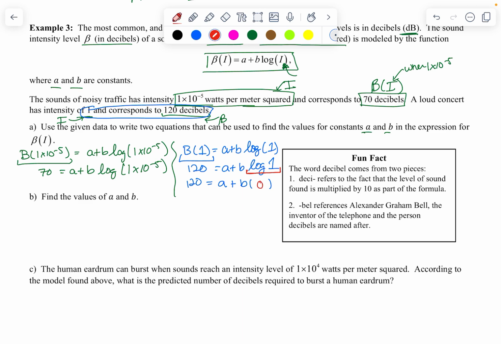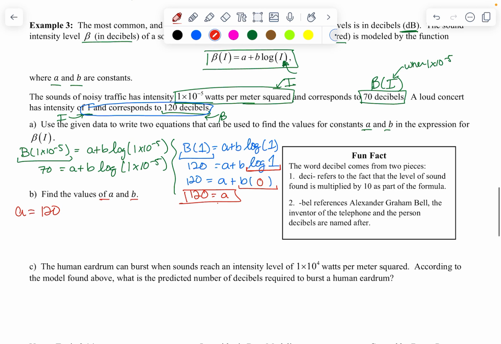So what happens to B in this problem? B times 0 is 0. So 120 is equal to A. So finding the values of A and B, I just found the value of A.